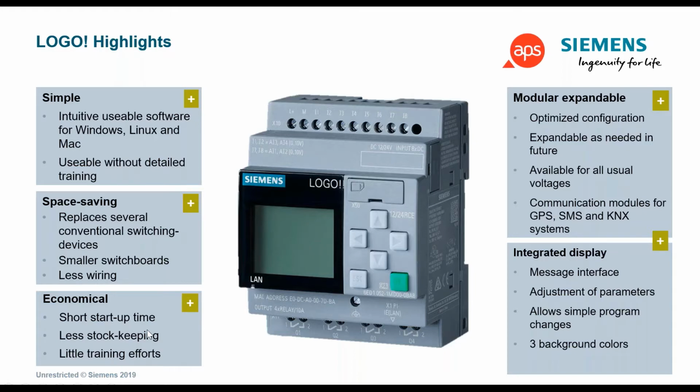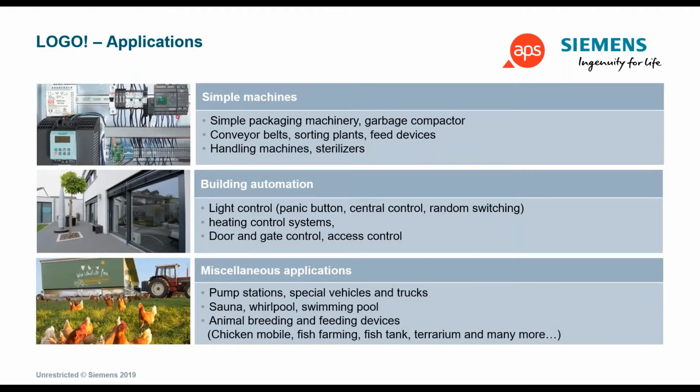A couple of applications just to have a look at it. Simple machines, so if we're looking at packaging machines, garbage compactors, conveyor belts, sorting machines. In building automation, we're looking at lighting. So in the event you wanted to come and have your light switched on prior to you entering, or get your heating up to a particular temperature, this can be achieved with this.